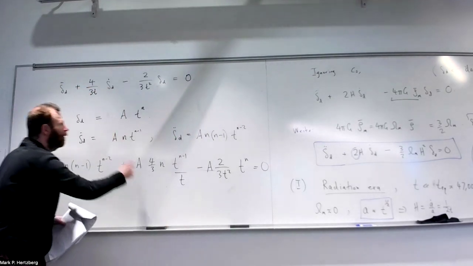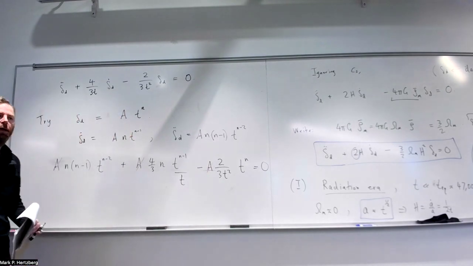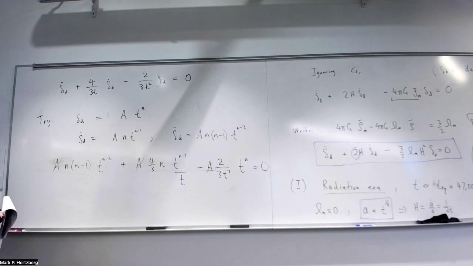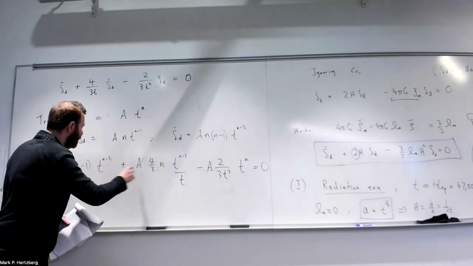It's a linear differential equation, so this A doesn't matter. And indeed, the t's are going to balance. That's the beauty of that structure. So everything is proportional to t to the n minus 2.